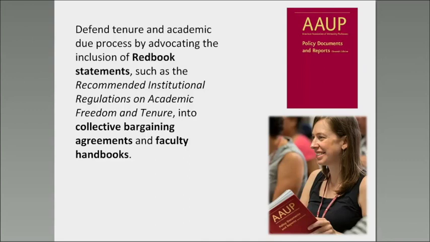Generally, an important way to defend academic freedom is by including AAUP policy statements from the Red Book in your collective bargaining agreement or faculty handbook. And I want to point out specifically the recommended institutional regulations on academic freedom and tenure, which is a statement that is designed to be incorporated verbatim into your institutional regulations.